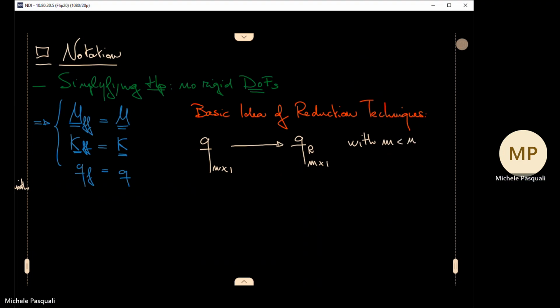That's it. So this is the original, and this is the reduced model.